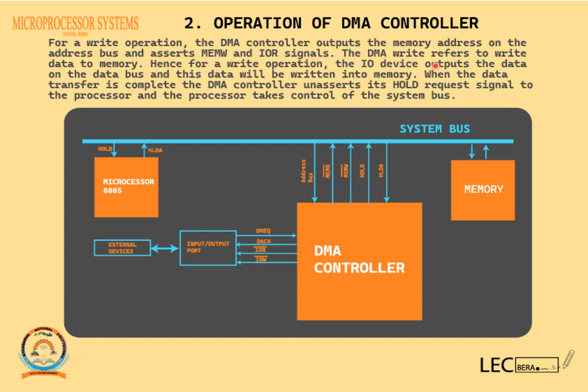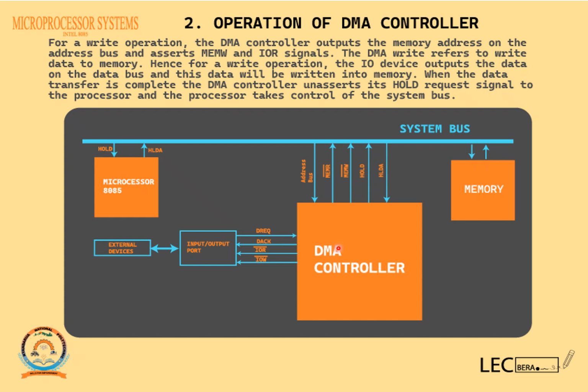The DMA write refers to writing data to memory. Hence, for a write operation, the input-output device outputs the data on the data bus, and this data will be written into memory. When the data transfer is complete, the DMA controller asserts its hold request signal to the processor, and the processor takes control of the system bus.